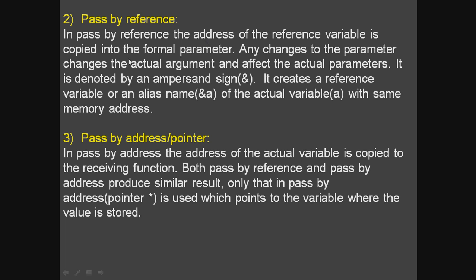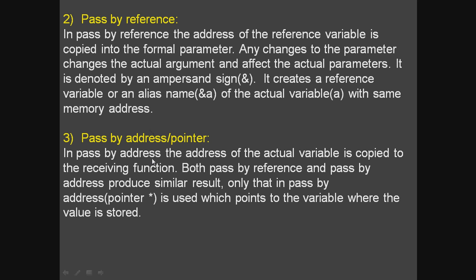Now as I've mentioned, in your textbook it is written in the same line, pass by reference and pass by address. But just to show you, there is a slight difference between pass by reference and pass by address, which is also called pass by pointer. This can be called call by reference, call by address, or call by pointer.